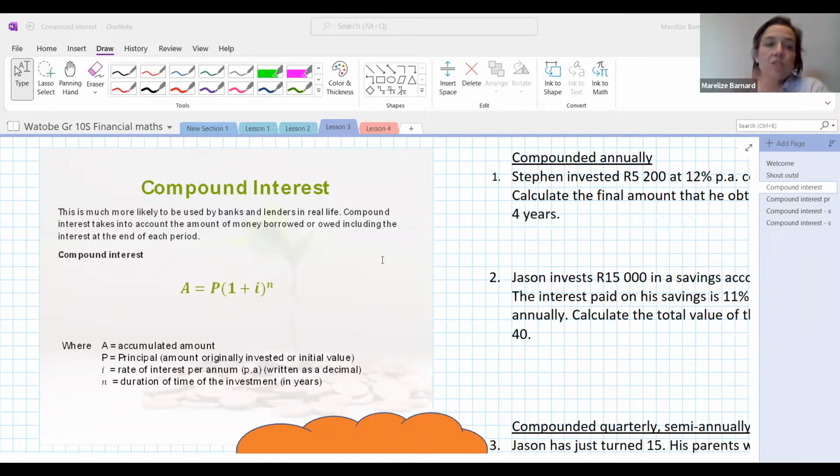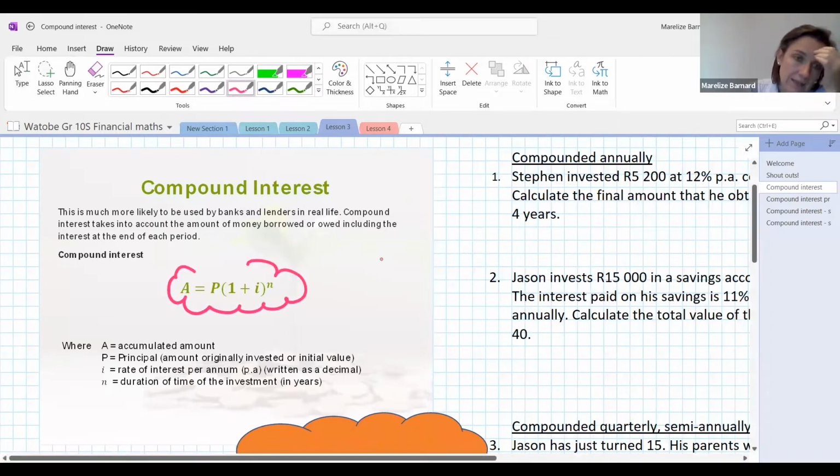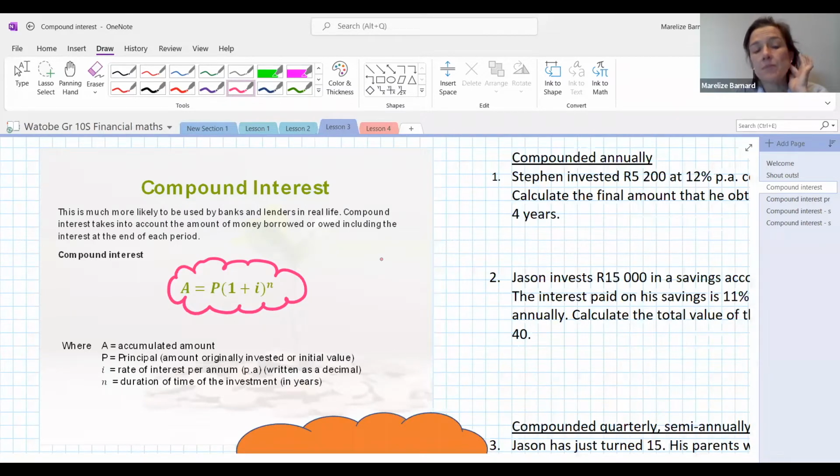Okay, so here's our formula for compound interest, and this might be familiar to you, and take a screenshot if you want. And by the way, through the course of the lesson, you're welcome to take some screenshots. So let's just recap what each of these variables mean. A means the same as what it did for simple interest.